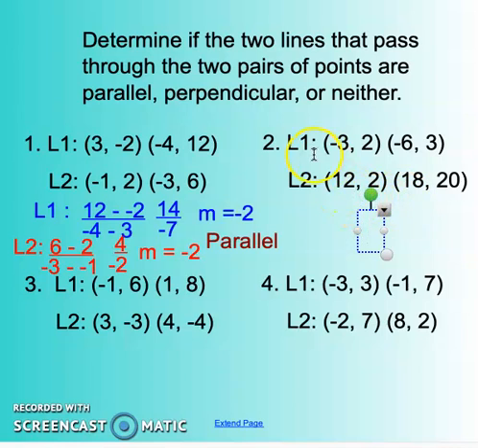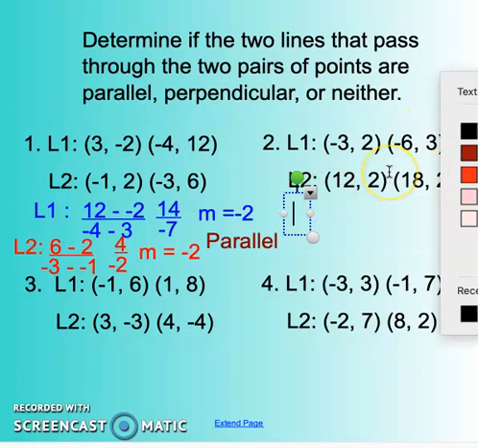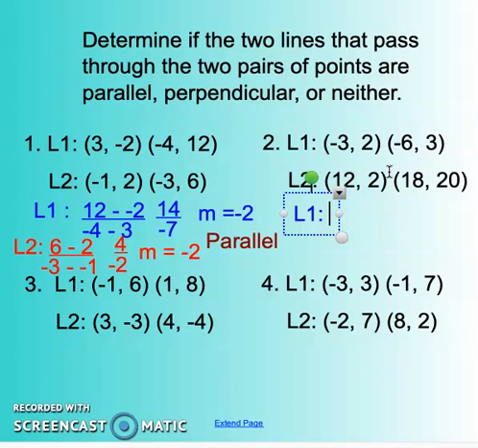Okay, how about number 2? If I take L1, and let's put that back to blue, we subtract: 3 minus 2, all over negative 6 minus a negative 3. What do you get?